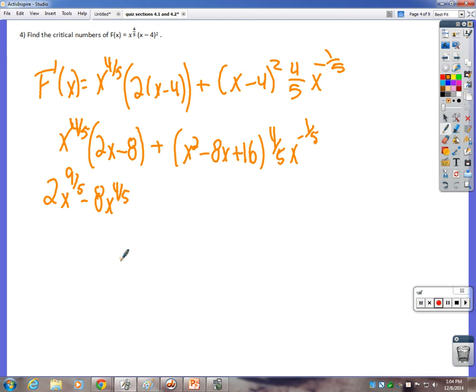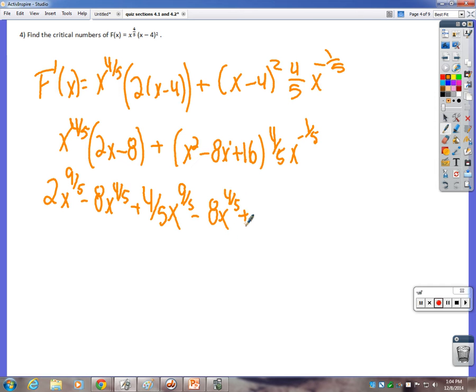Then if I distribute this, that gives me 4/5 x to the 9/5 again, because this is like 10/5 minus 1/5, would be to the 9/5, minus 8x to the 4/5. If you remember, we're adding our exponents, so 1 plus negative 1/5 is 4/5.